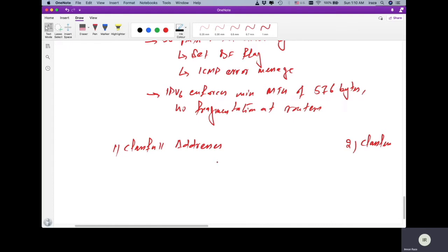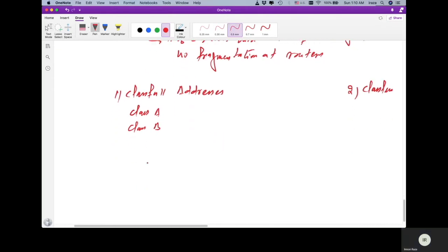So in classful addressing we have divided the IP addresses into different classes, for example class A, class B, class C, class D, class E. We have divided IP addresses into 5 different classes, and in each class, the network prefix is fixed. The bits that are representing the network part are fixed.